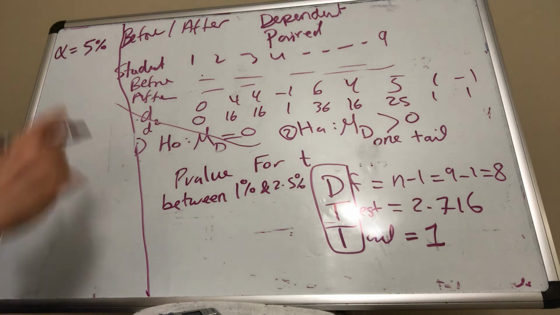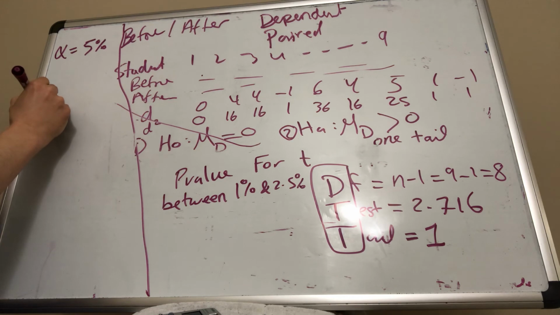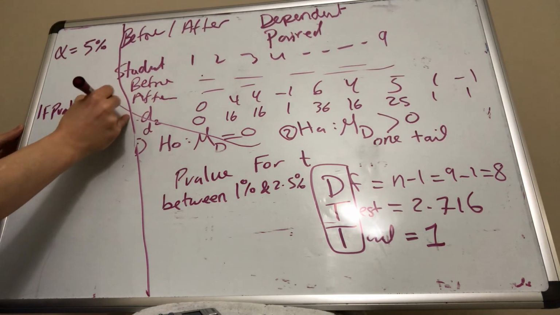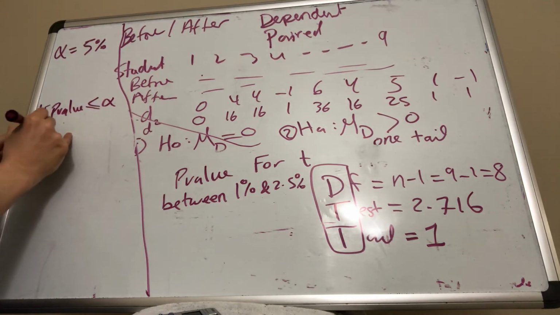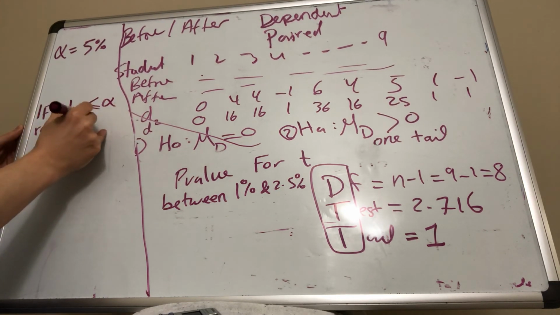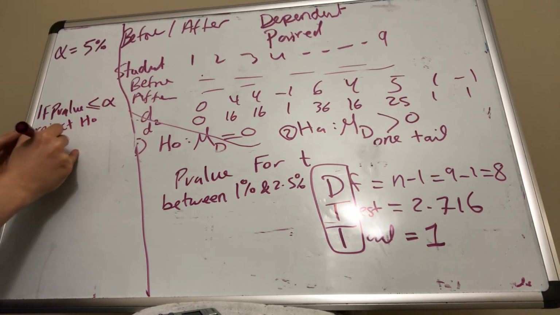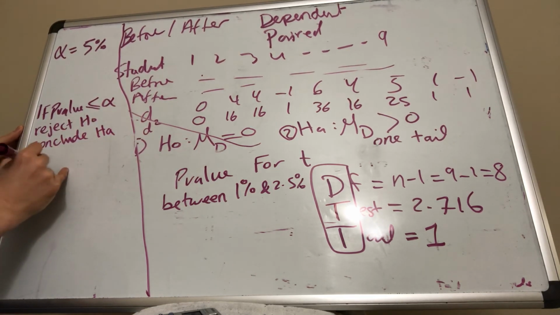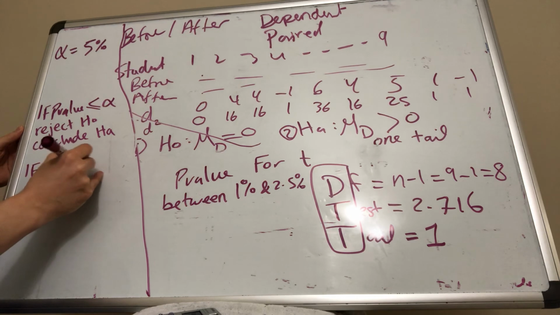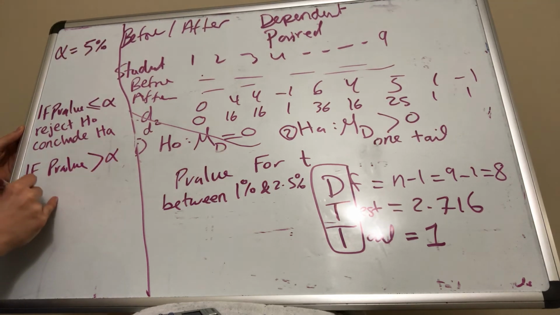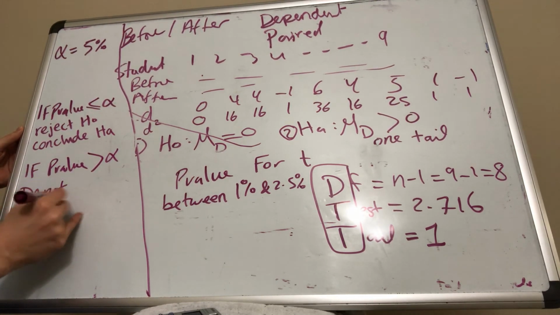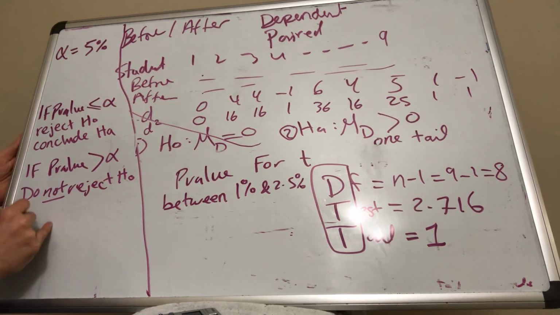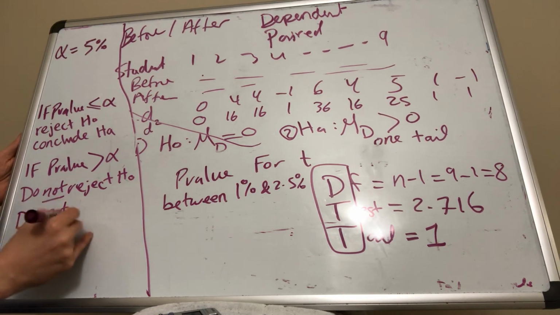If you found p-value to be less than alpha, you're going to reject H0 and conclude HA. If you found p-value to be more than alpha, you're not rejecting H0, you're not concluding HA.